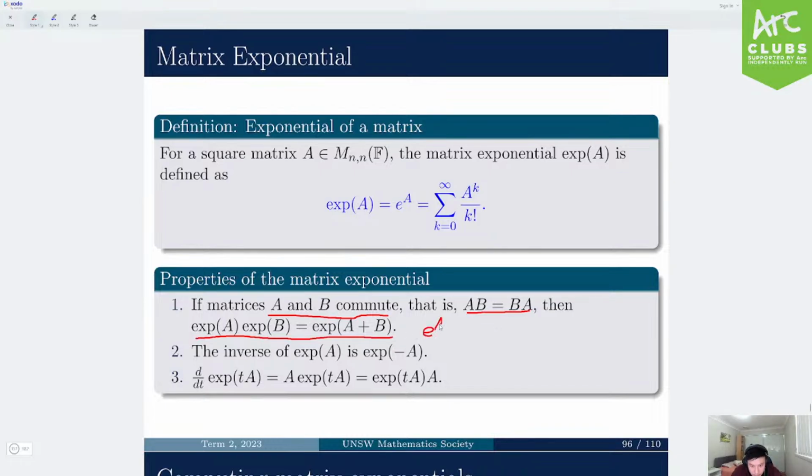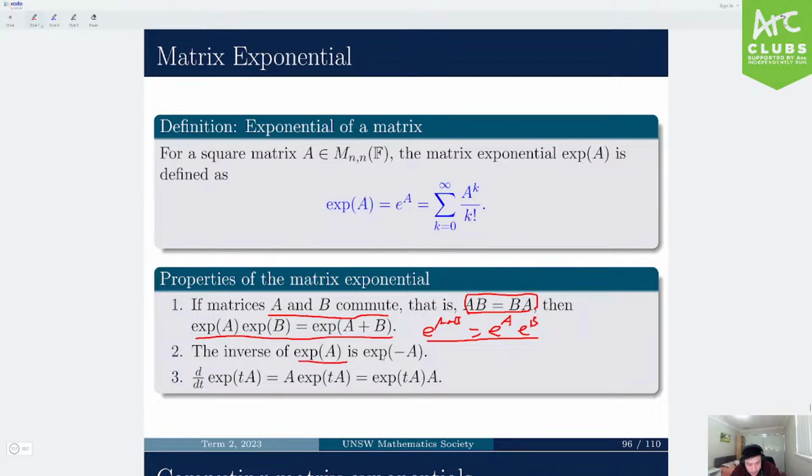So e to the A plus B is going to equal e to the A times e to the B. And for real numbers, or complex numbers A and B, you've actually just been using this property all along, and that's because we know that complex numbers commute easily. You can just swap them around. But when it comes to matrices, they don't normally commute, so we need the property that they must commute for us to use this property here.